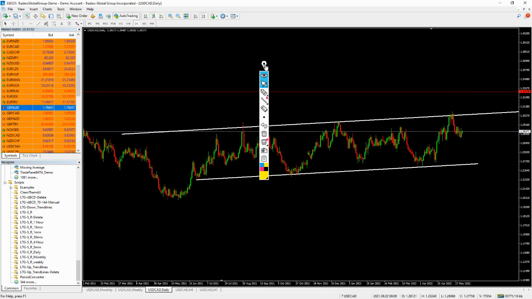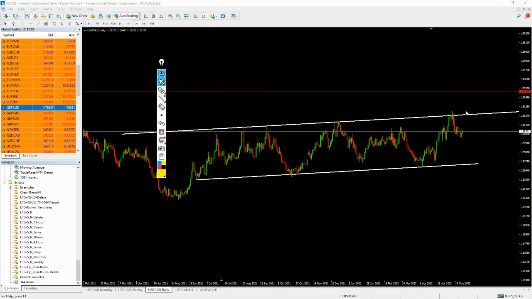So the likelihood is, if we do break the channel here, we will then look for a pullback, maybe to find this as resistance, to then target up there. But right now that's not the case, and we should be looking at any pullbacks to potentially sell back down towards the bottom end of that channel.